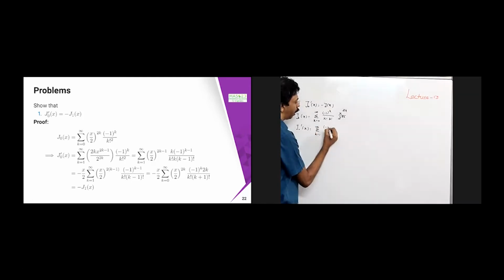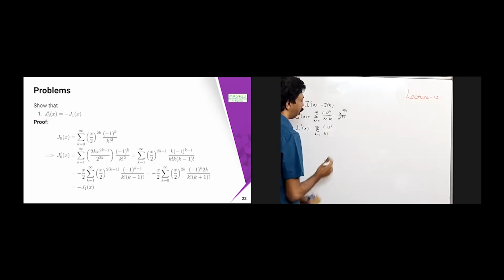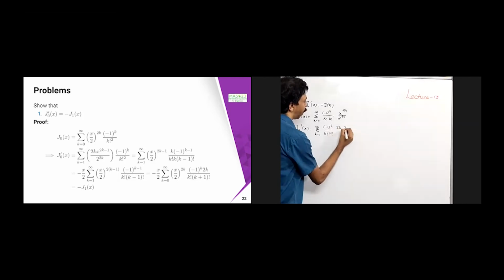So J0 dash of x is going to become summation k equal to 1 to infinity, minus 1 power k into k factorial into k factorial, into 2k into x power 2k minus 1 divided by 2 power 2k.